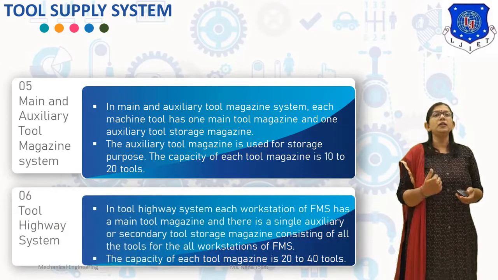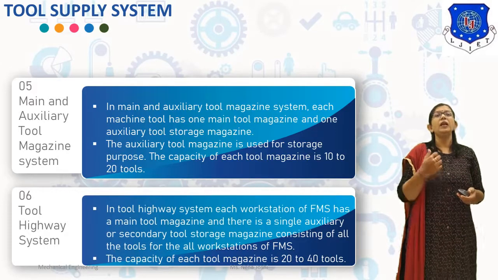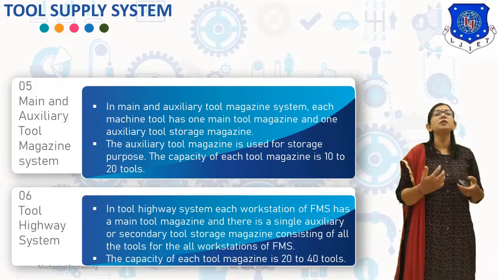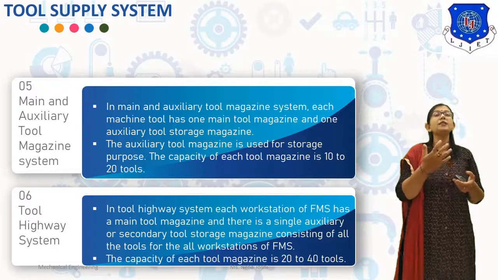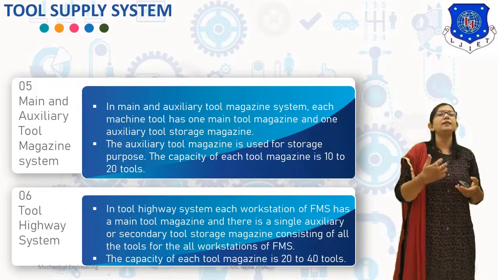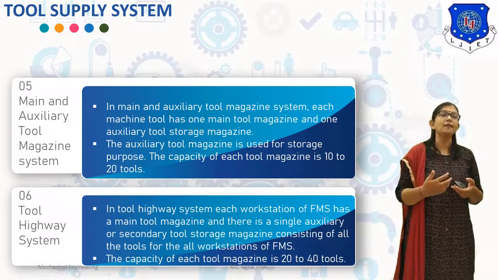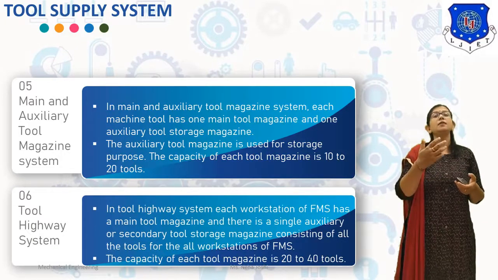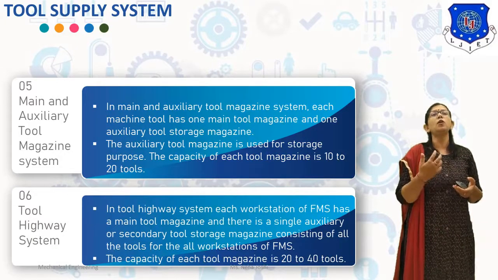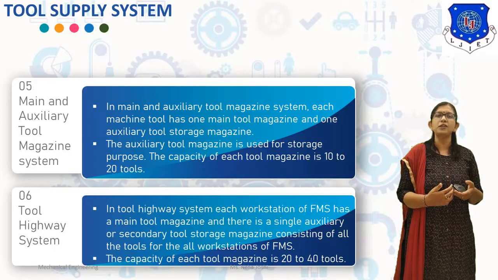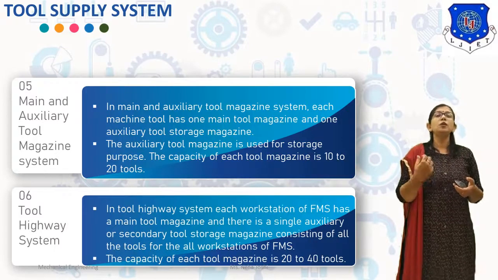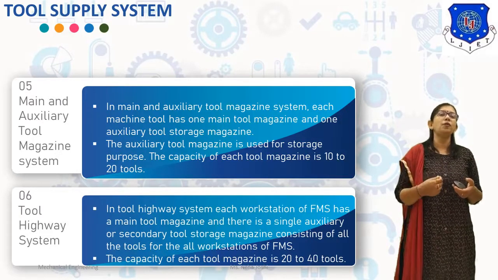And the last one is the tool highway system. In the tool highway system, each workstation of the FMS has a main tool magazine and there is a single auxiliary or secondary tool storage magazine consisting of all the tools for all the workstations of the flexible manufacturing system. The tool change robot is used for replacing the tool.